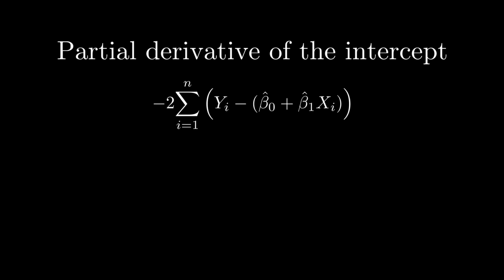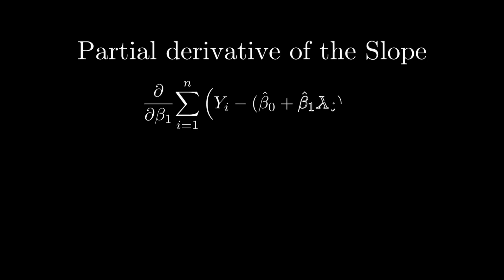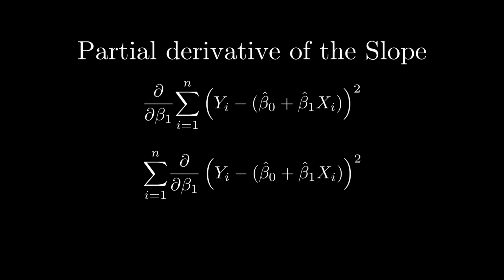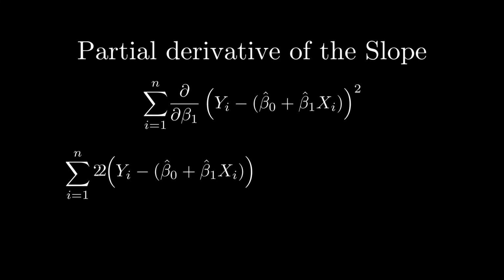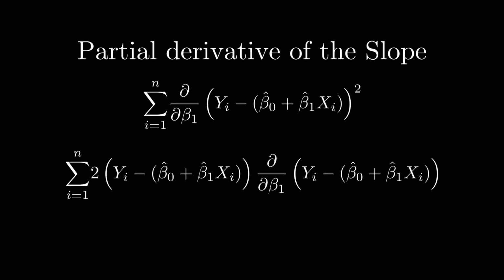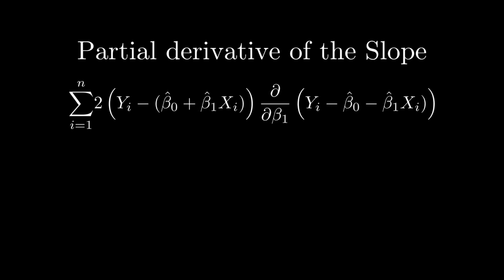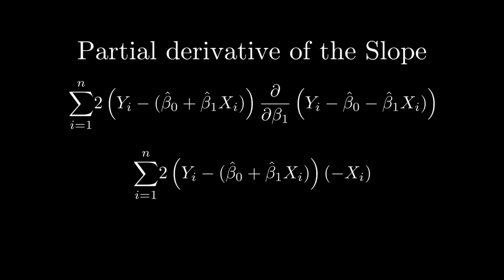The next bit is the same process, except the derivative is in terms of beta 1 this time, the slope. Bring the derivative inside of the sum and use the chain rule. Distribute the negative and take the derivative of the last term, but with respect to beta 1 this time. yi and beta 0 are constant in terms of beta 1, so their derivatives are 0.